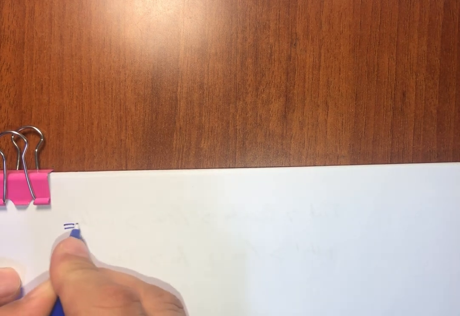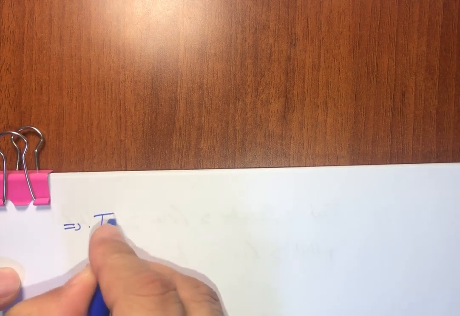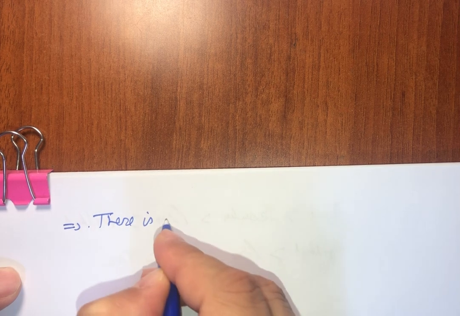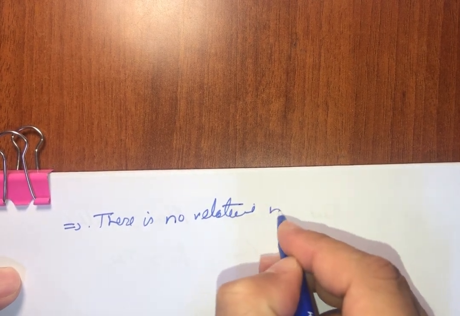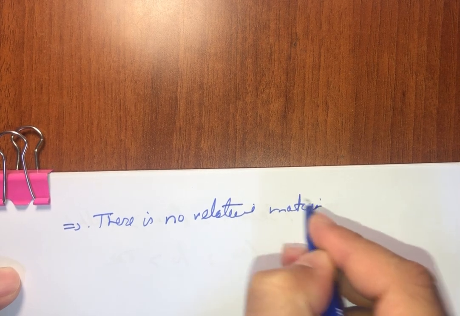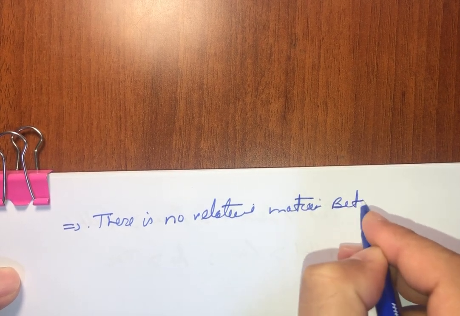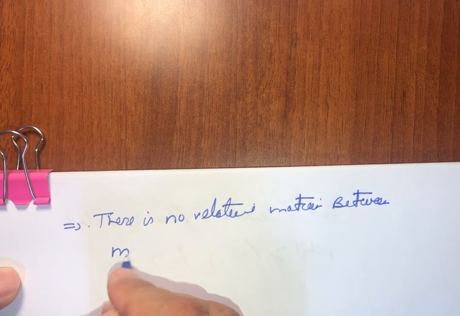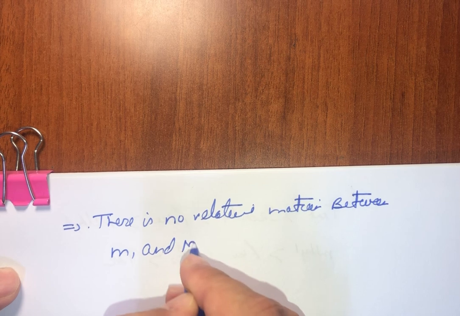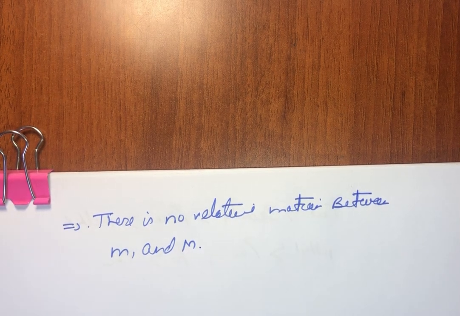So if they are traveling with the same acceleration, this means there is no relative motion between M1 and capital M.